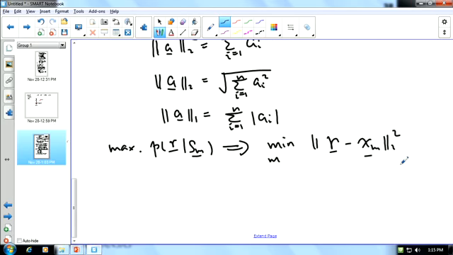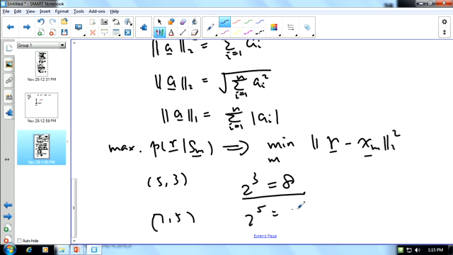For example, for the 5,3 code, k equals 3, the number of exhaustive searches that we need to do is just 8, which is fairly easy, right? And for the 7,5 code, 2 to the power of 5 is 32, which is still manageable, right? So when k is small, it's just a piece of cake.